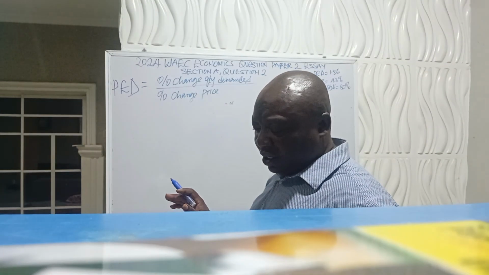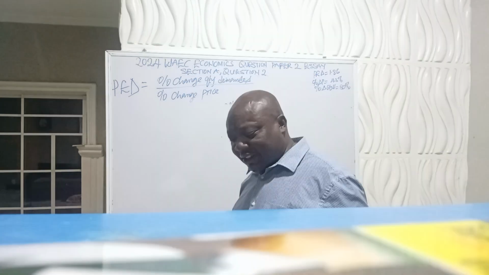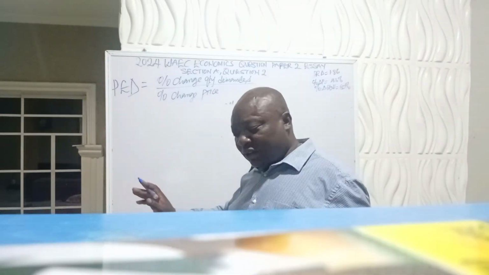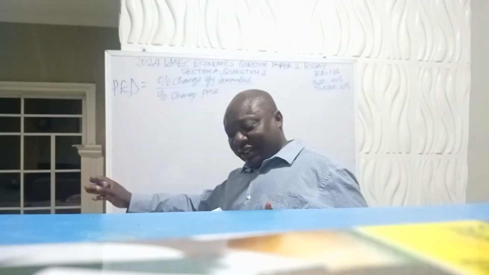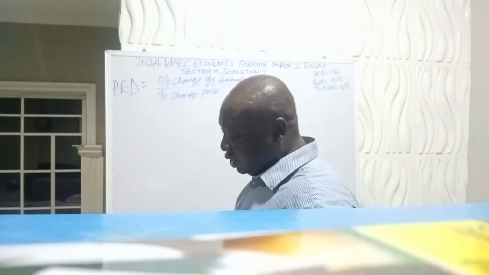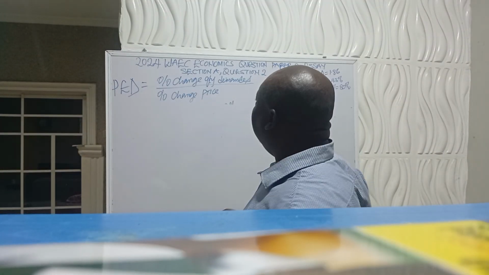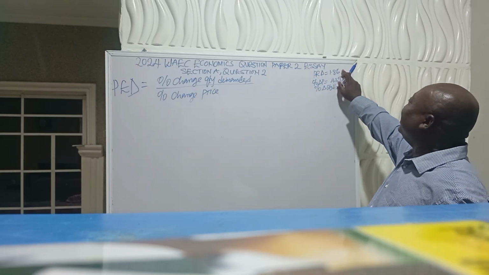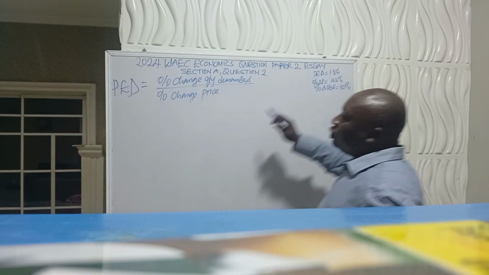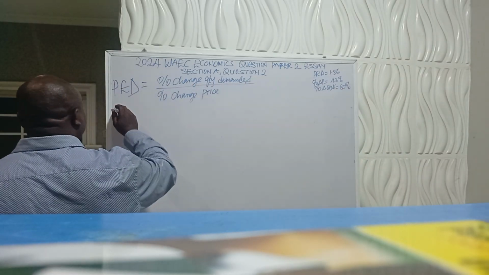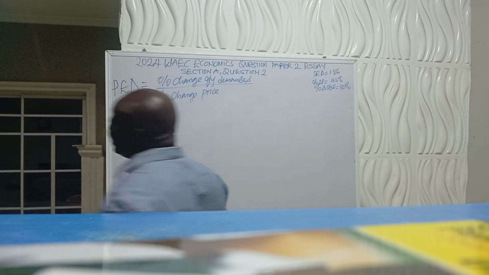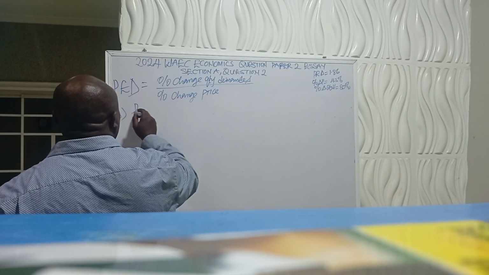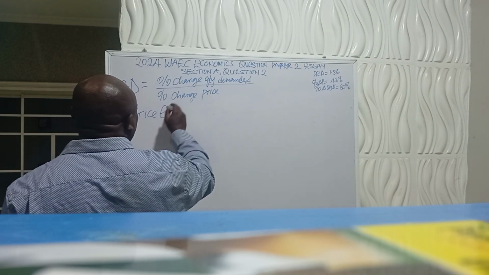So now B, the question for B says, is the demand for the fruit juice price elastic or inelastic? Give a reason for your answer. You can see that the coefficient is greater than 1. So the answer to question B is that it is price elastic.